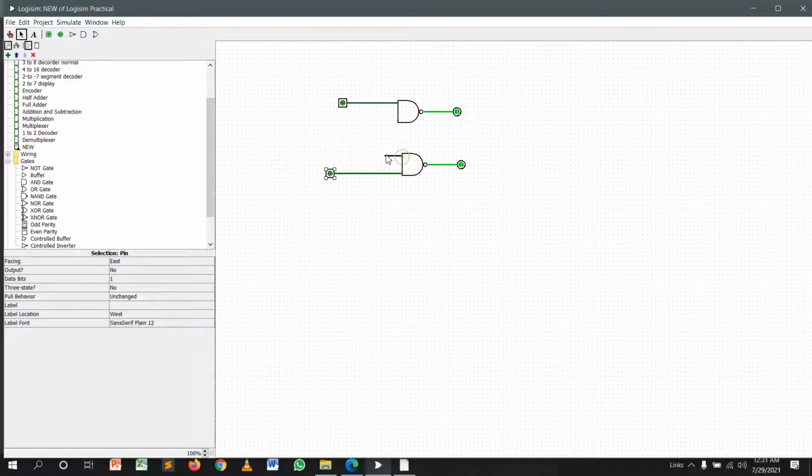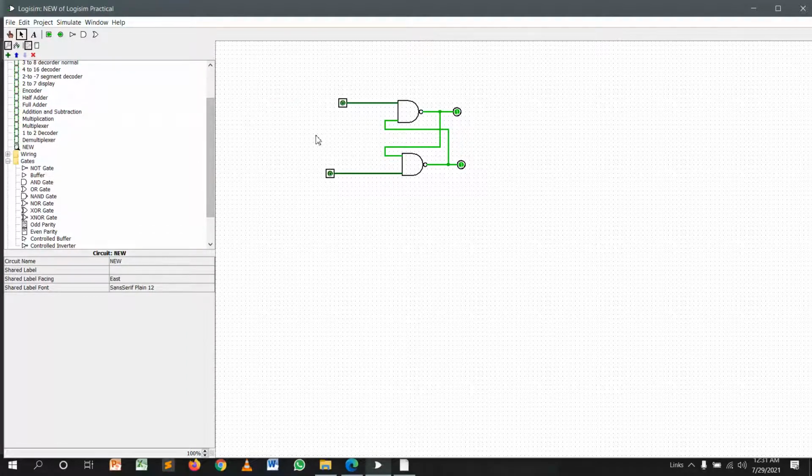And we connect one input here and the second input here.